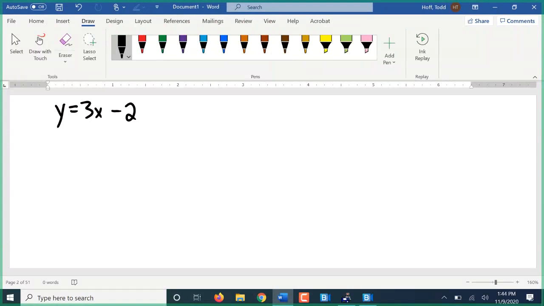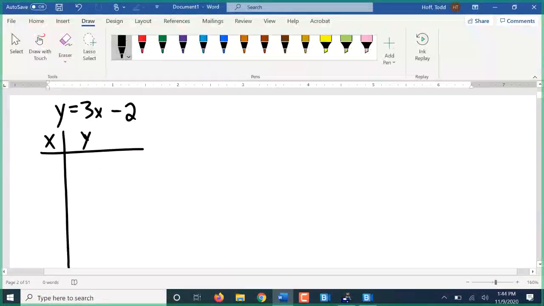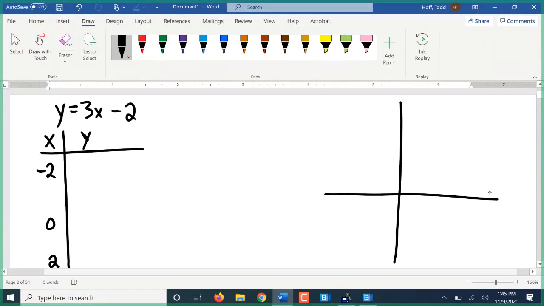In other words, finding individual solutions. Typically, it's way easier to pick a value for x and figure out what the value has to be for y. I'm just going to try a few values here: -2, 0, and +2 for x. And let's see what they give us as values for y.